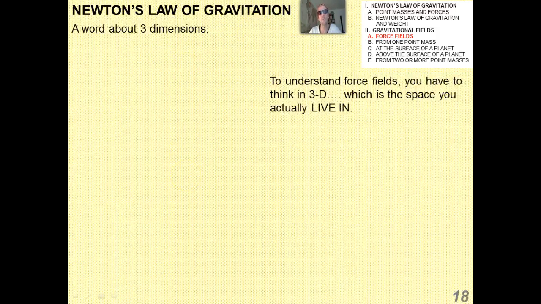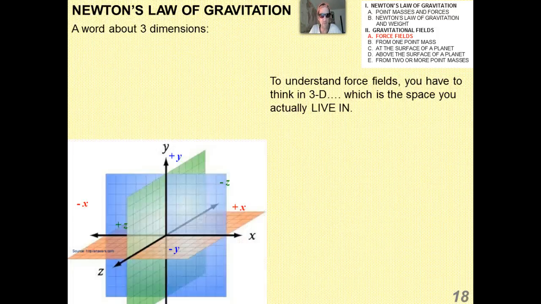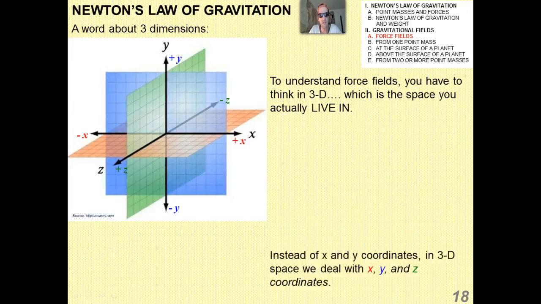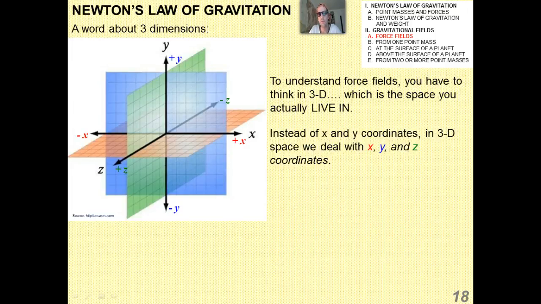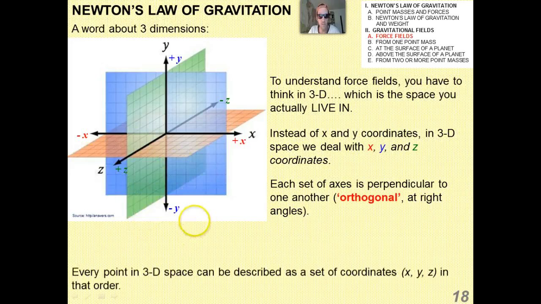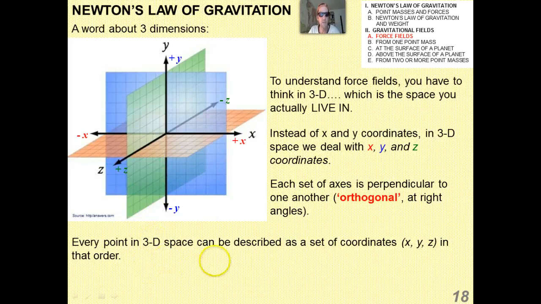Now, a couple of words about 3 dimensions. We've talked about this previously, very briefly. Instead of x and y coordinates, we have x, y, and z coordinates. So we deal with 3 numbers. All of them are orthogonal, or at right angles, to one another. And every point in 3-dimensional space can be described as a set of coordinates in that order.